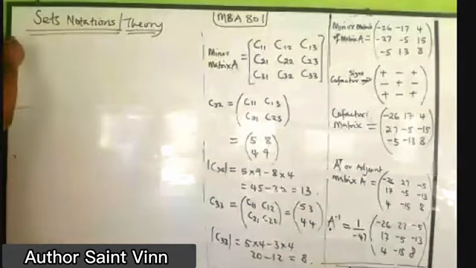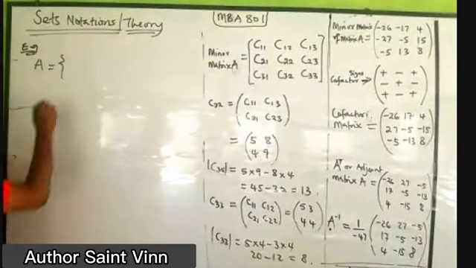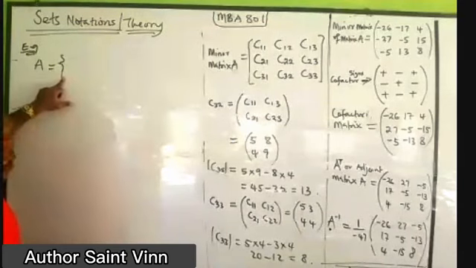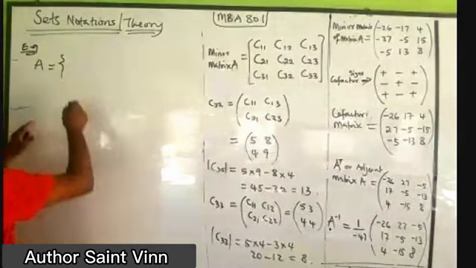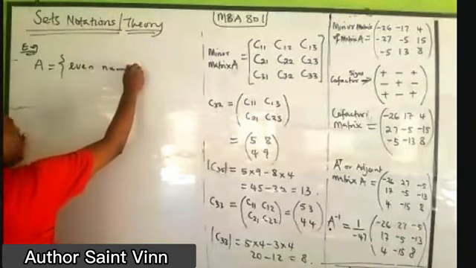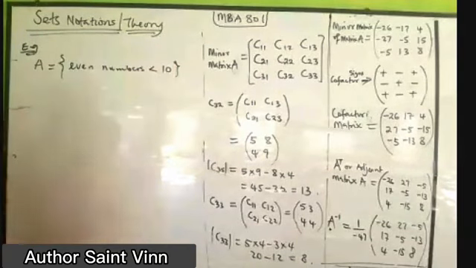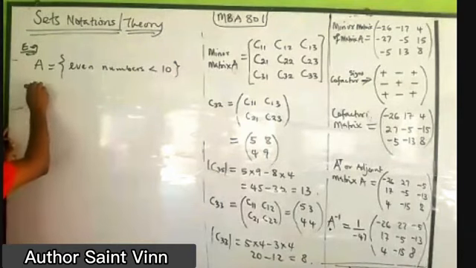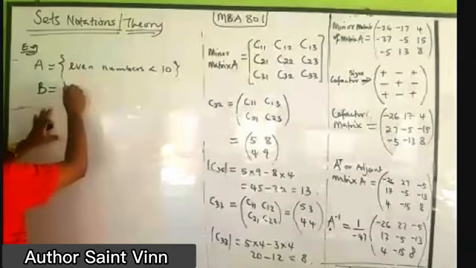Let's see. Set A is in curly brackets. Curly brackets. If it's set theory, you must be writing the curly brackets. This particular set: even numbers, maybe less than 10. We all know what an even number is, right?